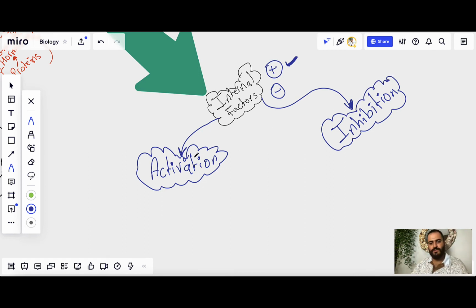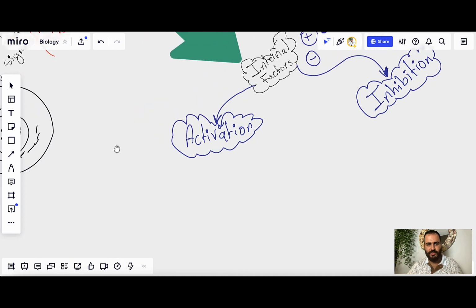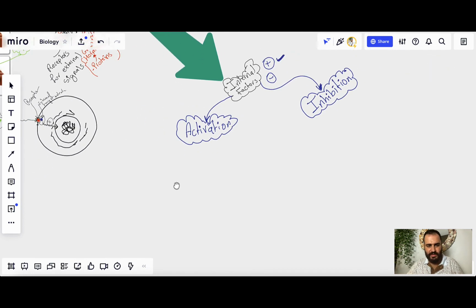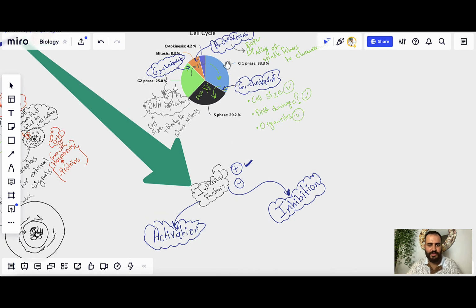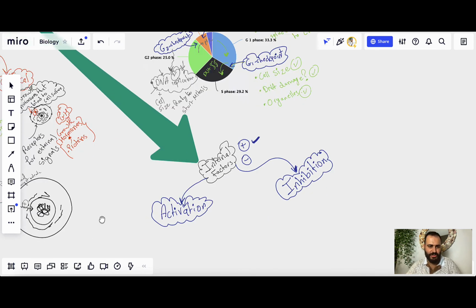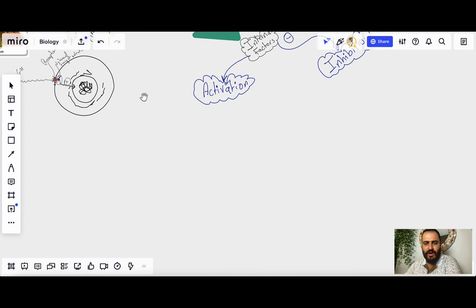Okay, to start with activation, let's ask what are the molecules that activate the cell cycle, or what are the molecules that act during the M, G1 and G2 checkpoints. Actually, there are two classes of proteins.